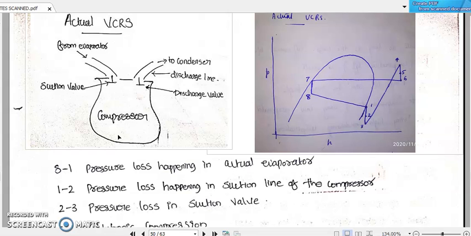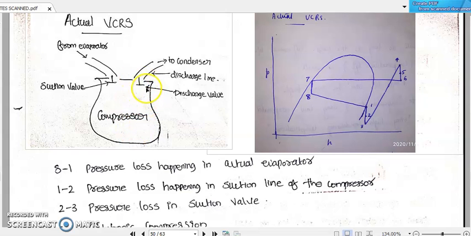So we can consider this actual compression process as an irreversible compression process or a polytropic compression process. During the polytropic compression process, definitely there will be some losses compared to an isentropic compression process.